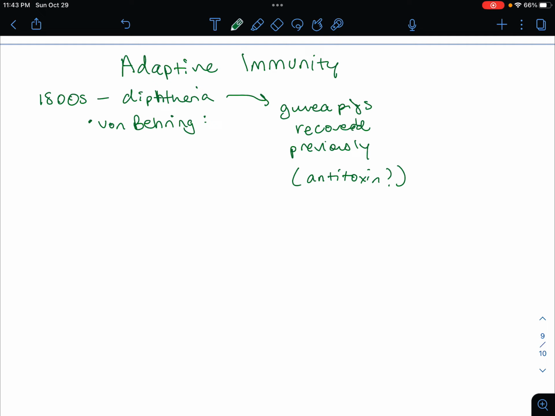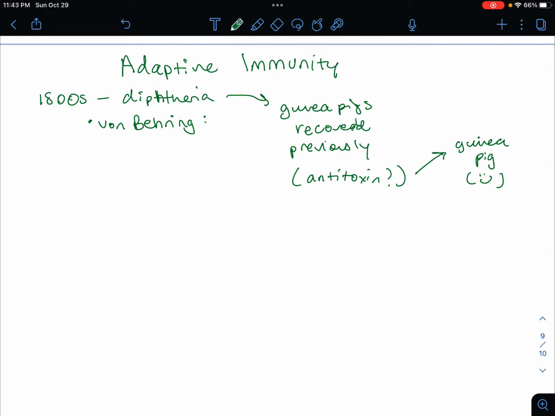When he mixes toxin with a serum from a guinea pig that had survived and injects it into another guinea pig, it remained well too. So this second guinea pig got injected and was okay as well when we made that serum with the first guinea pig. Then in Berlin in 1891, the first antitoxin was given to a kid and they recovered.